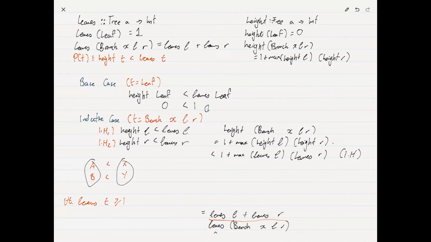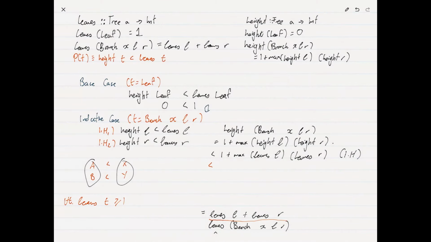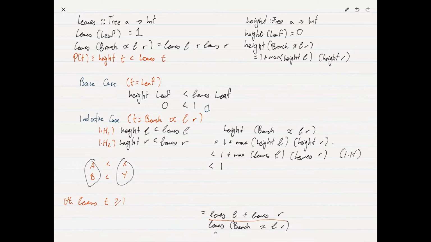And so we can see that the maximum of these two numbers is always going to be strictly smaller than the sum of these two numbers because they're always greater than or equal to 1. That's a little bit of a hand wave, but you can prove this formally in your own time if you do not believe me.